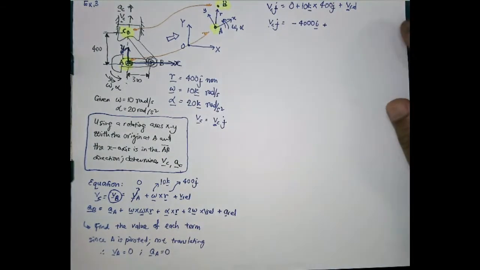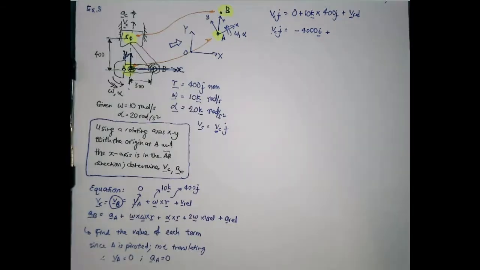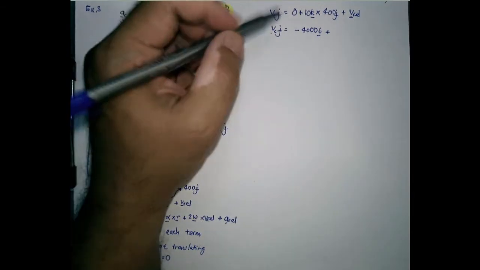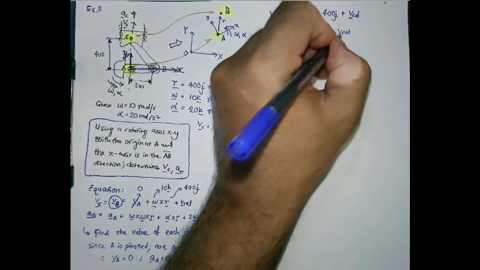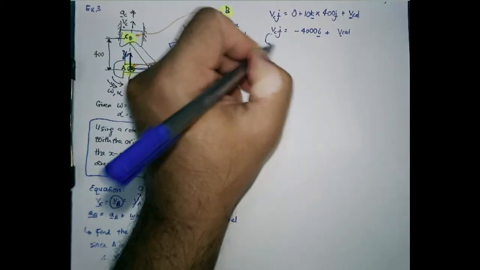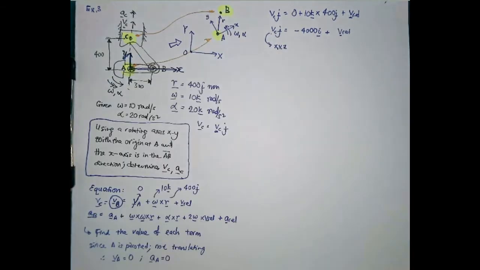And what is V relative? Okay, in this case we cannot find V relative directly, so we need to solve first this VC. This is given in terms of the global coordinate system.